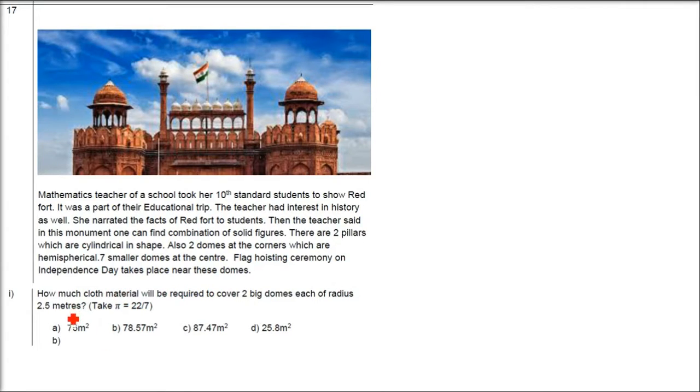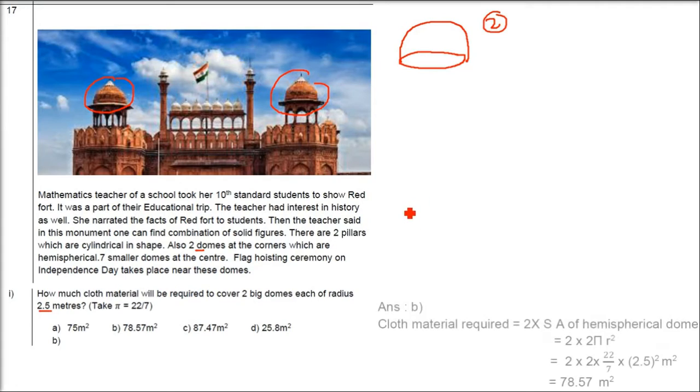So let us start with the first one. How much cloth material will be required to cover 2 big domes, each of radius 2.5 meters? So these domes we have to cover using cloth. How much cloth do we need? This is one of the domes, and they are told to be hemispheres, half ball, like a half cricket ball.